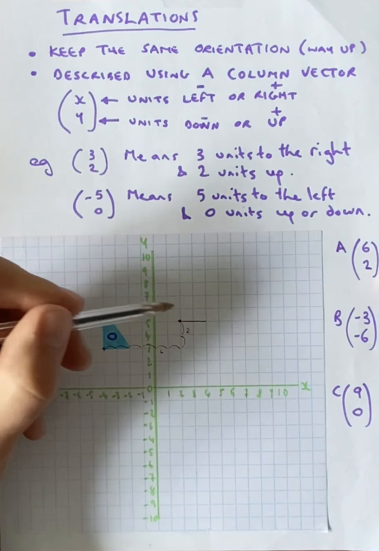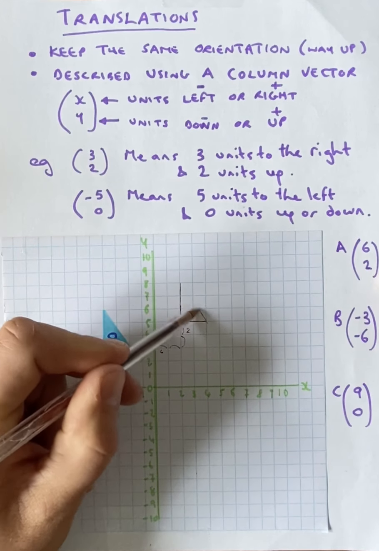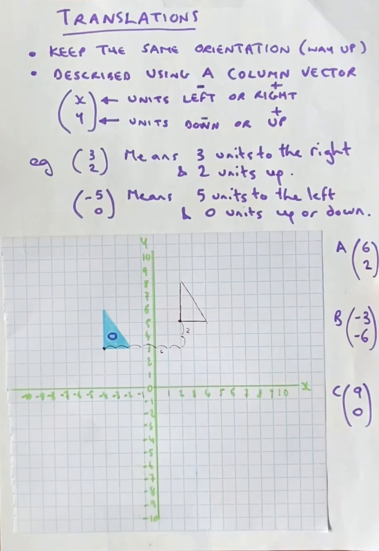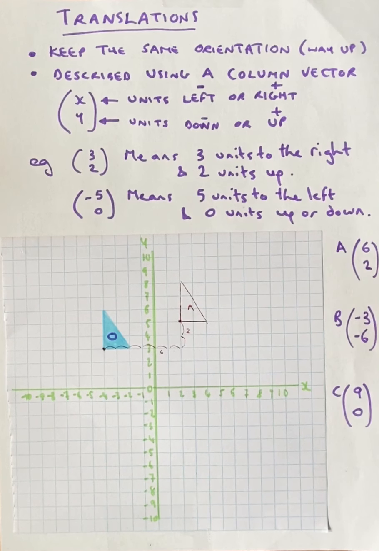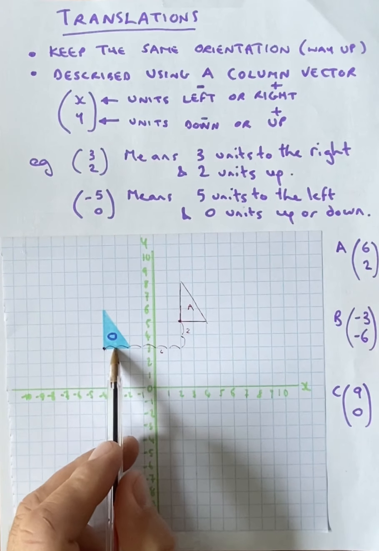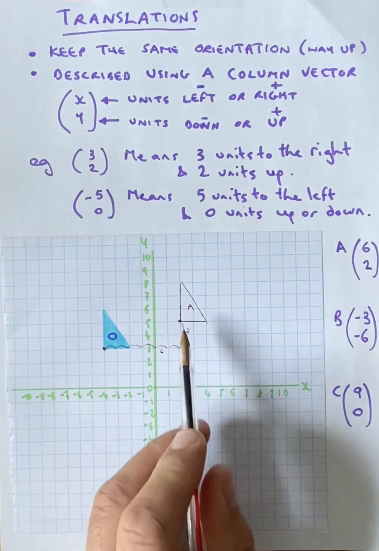It's going to stay as my bottom left hand corner of my right angled triangle. And so there is my shape, and I'm just going to put an A inside that to denote that that's the shape after it's been translated by the column vector 6, 2. So just to remind you, it went 6 squares to the right, that was the 6, and then it went 2 squares up.